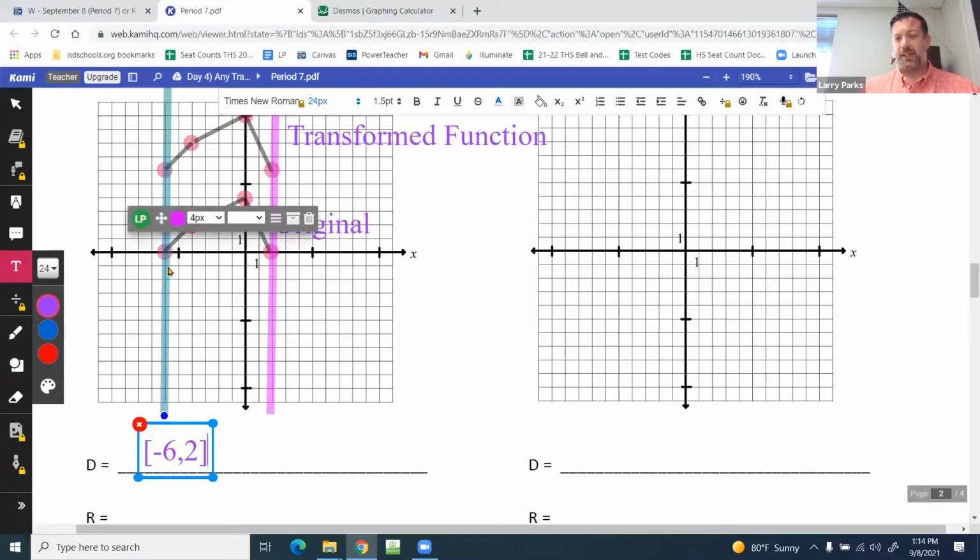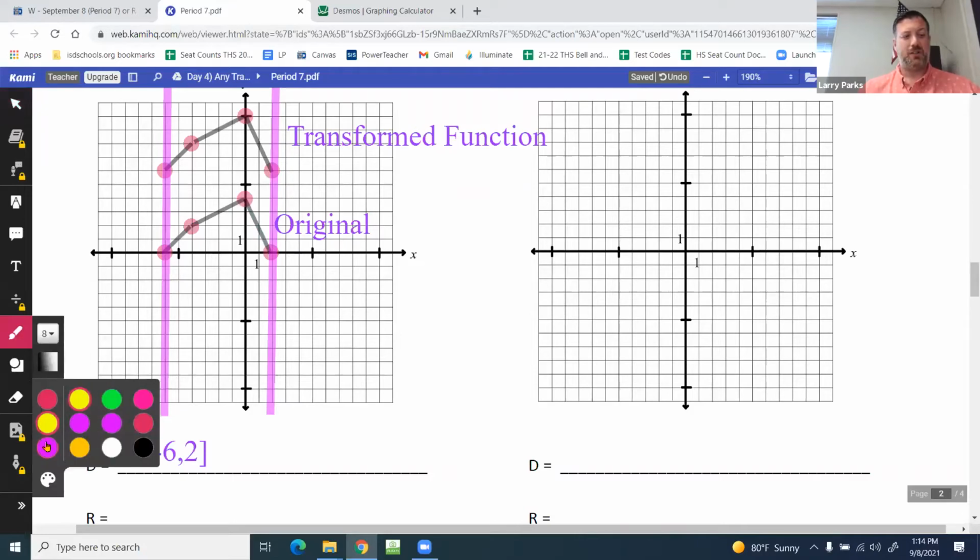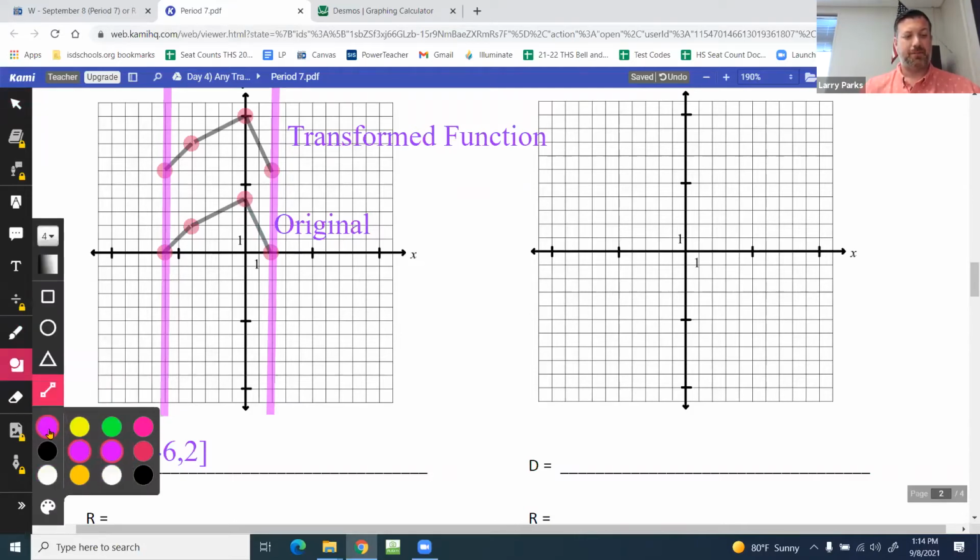Notice that on the original function, before we moved it, it was also -6 to 2. So the domain didn't change. Now, range, it started off from 0 to 4. But now, because we moved it up, our range, so this way, that's the bottom point, to this way. So from here to here is my range.